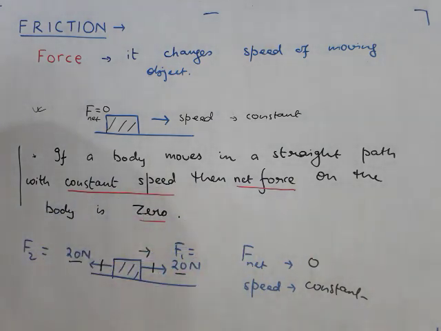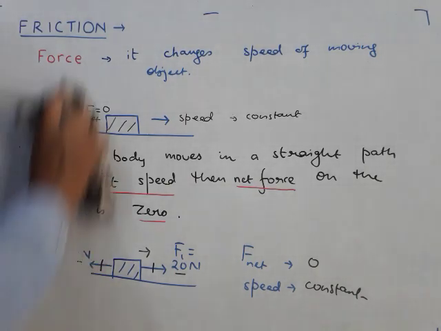So this is a force. First thing that you have to understand, students: why is there a frictional force? How does it arise? That we will discuss afterwards. But for the time being, remember friction is also one kind of force. It is this force which opposes the relative motion between two bodies.